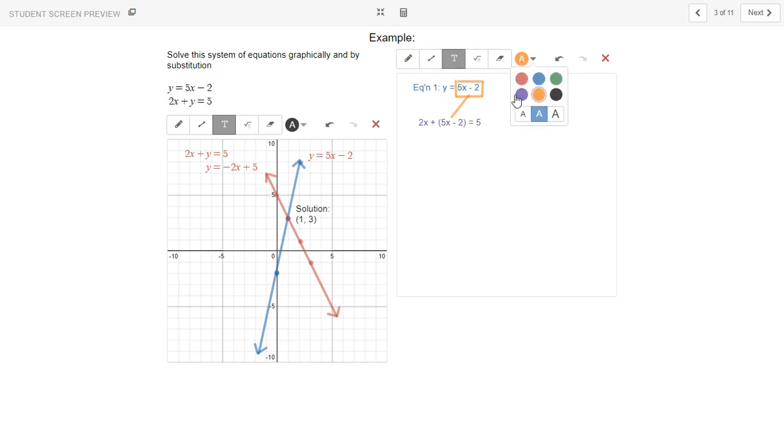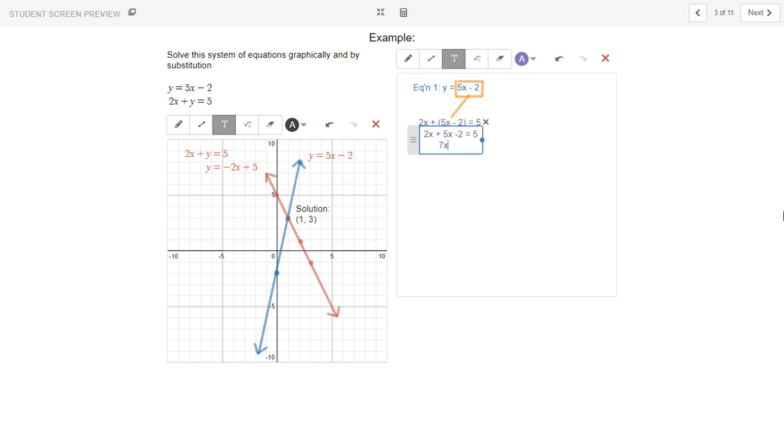Let's continue to simplify and to solve for x. So 2x plus 5x minus 2 is equal to 5. Collect our like terms.